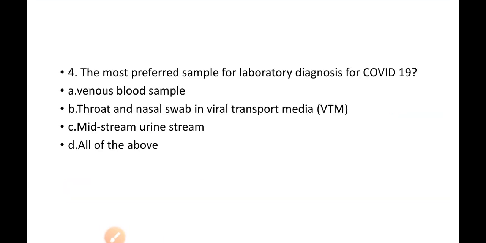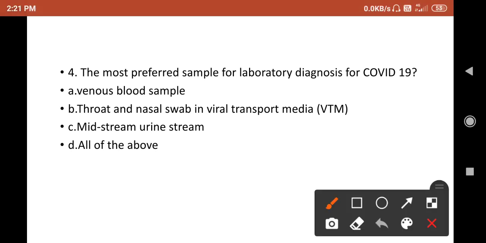The most preferred sample for laboratory diagnosis of COVID-19 is: A, venous blood sample, B, throat and nasal swab in viral transport media, VTM standing for viral transport media, C, midstream urine, D, all of the above. In COVID-19 cases, this virus mainly affects the respiratory system, so you should choose an option related to the respiratory system.